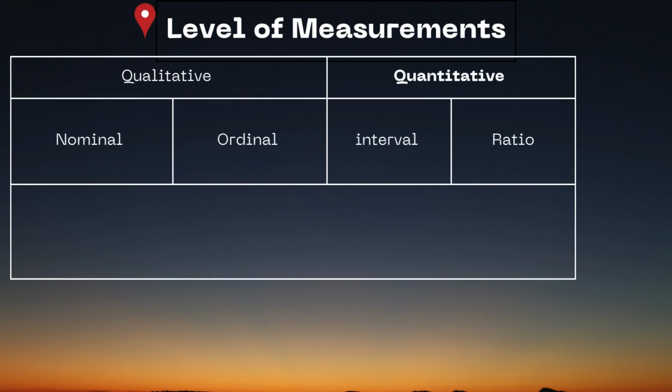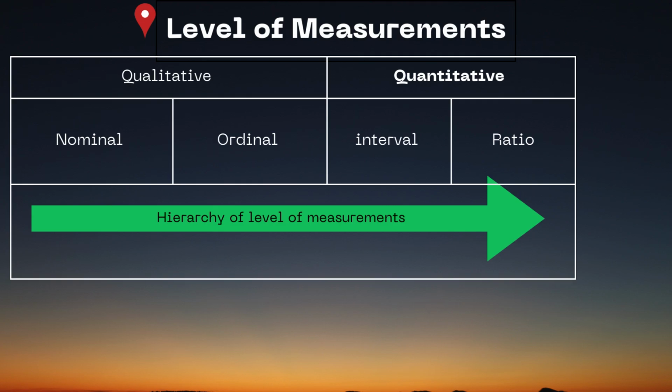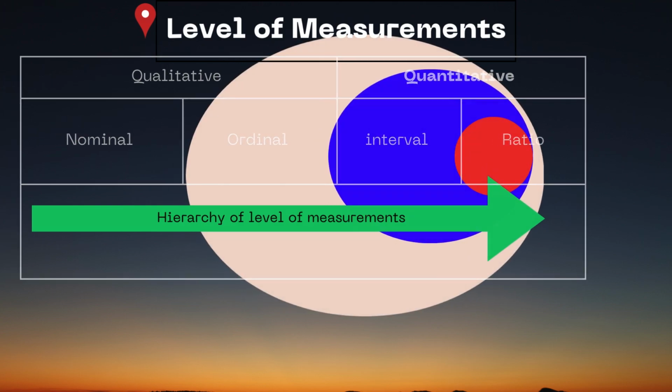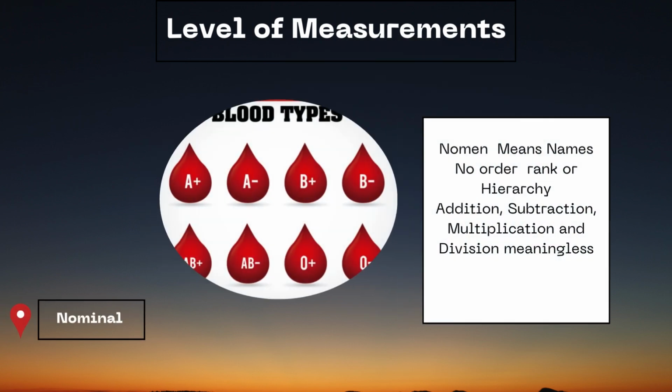There are 4 levels of measurement: nominal, ordinal, interval, and ratio scales. Moving from the lowest to the highest scale, nominal data represents the most basic level, while the ratio scale is the most sophisticated. Nominal data is distinct from all other types because it lacks a measurable quantity.